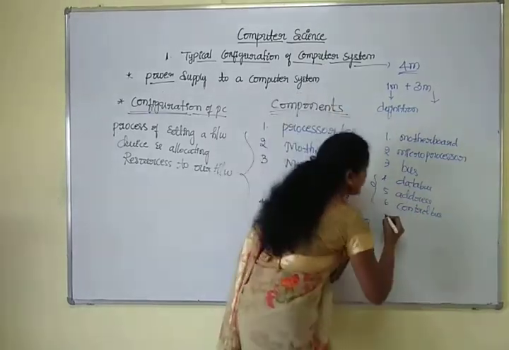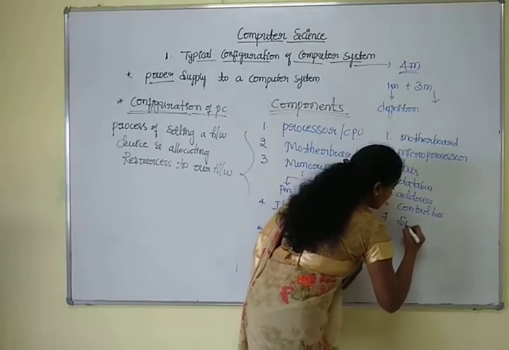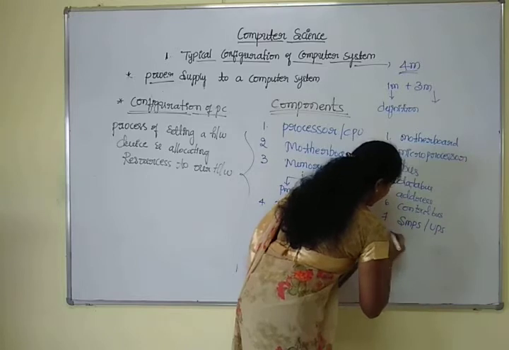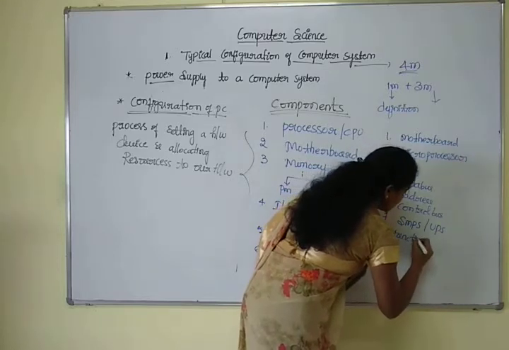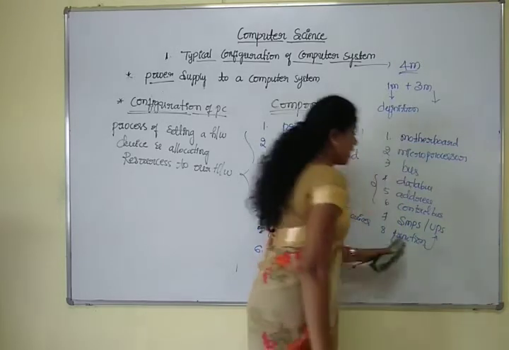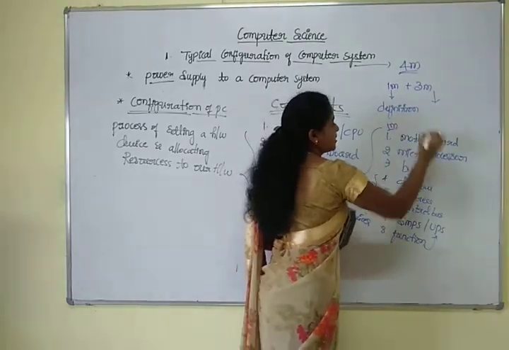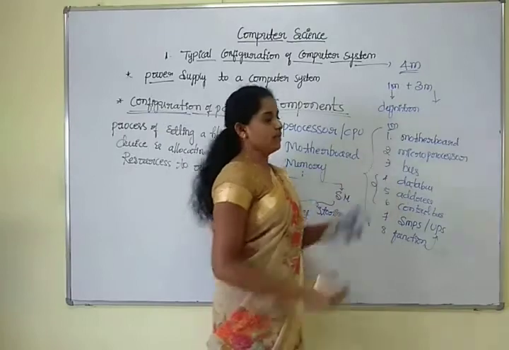Another one is the abbreviation for SMPS or UPS, or the function of UPS and SMPS for 1 mark. These are all the possible 1 mark questions in your examination.